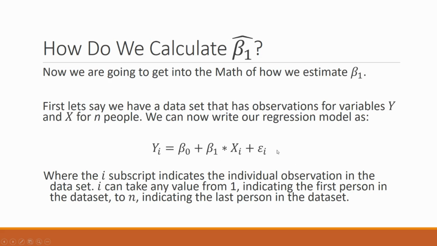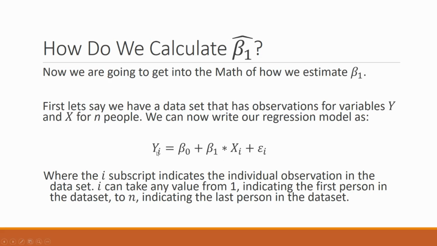We never know the true population regression model because we never have all the data. And so what we're going to do is estimate this, right? And what that means is that we're going to find estimated values of beta 0 and beta 1. We'll estimate beta 1, and that estimate of beta 1 is going to be the value that we are most interested in because we want to know how x and y are related.